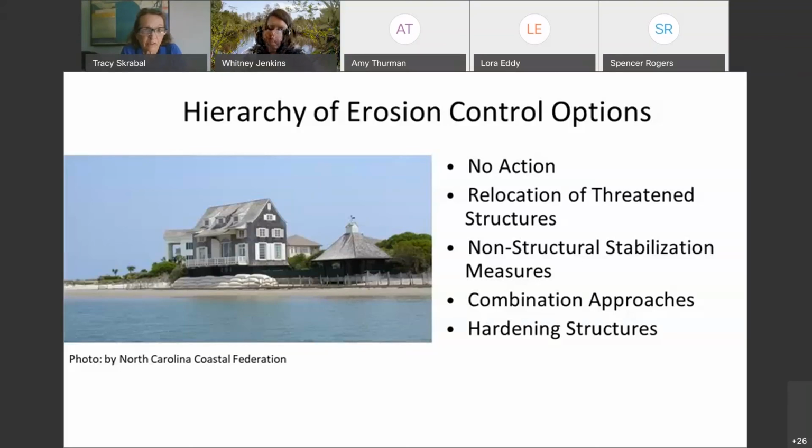And there may be some things like planting marsh grass, which you can do at any time, most often without a permit, but we don't want to overreact and create a situation. So relocating threatened structures is another possibility in some cases, maybe not the one we're looking at in this site here at the north end of Figure 8 Island. Non-structural measures, those would be vegetation alone, combinations, and then again, hardened structures.